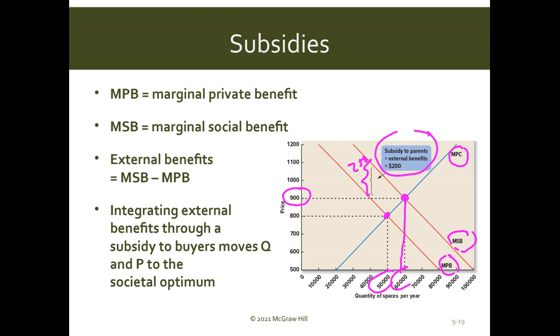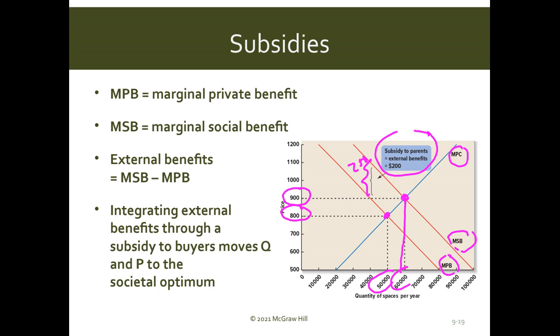So producers, or schools, are now receiving $900 tuition. They are getting $100 extra. They were initially receiving 800, now they are receiving 900. They don't have to pay anything to the government because parents are receiving the subsidies. So producers are also benefiting.